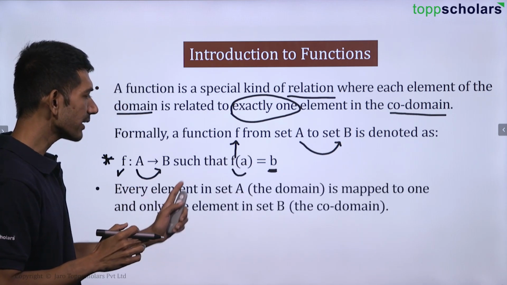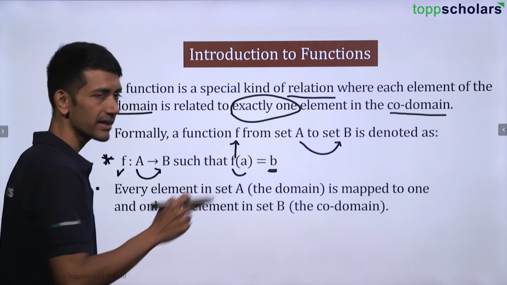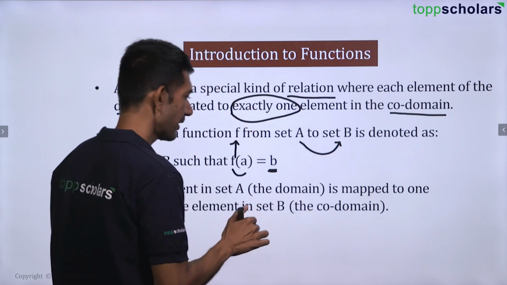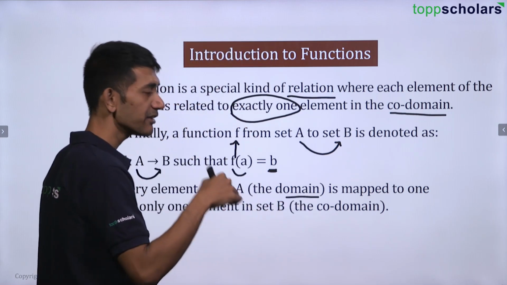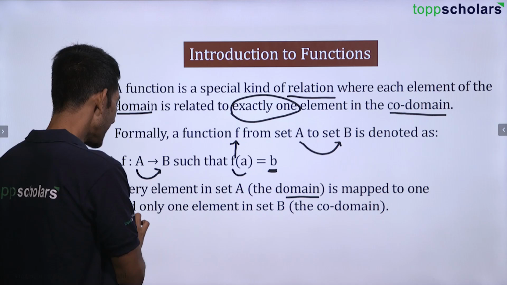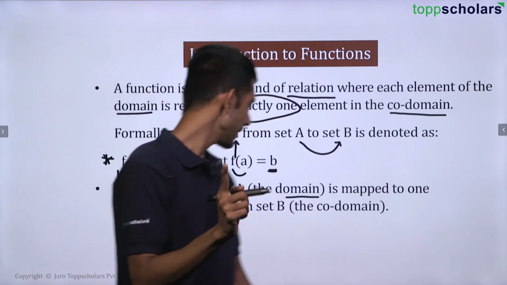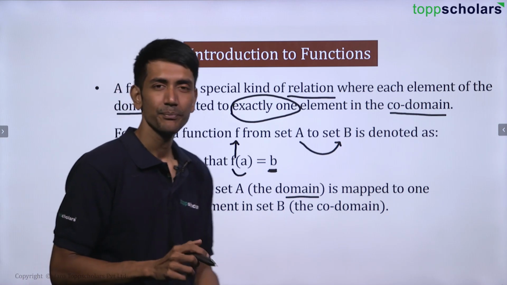So every element in set A, that is whatever elements you have in set A, the domain, is mapped to one and only one, this is very important, one and only one element in set B.